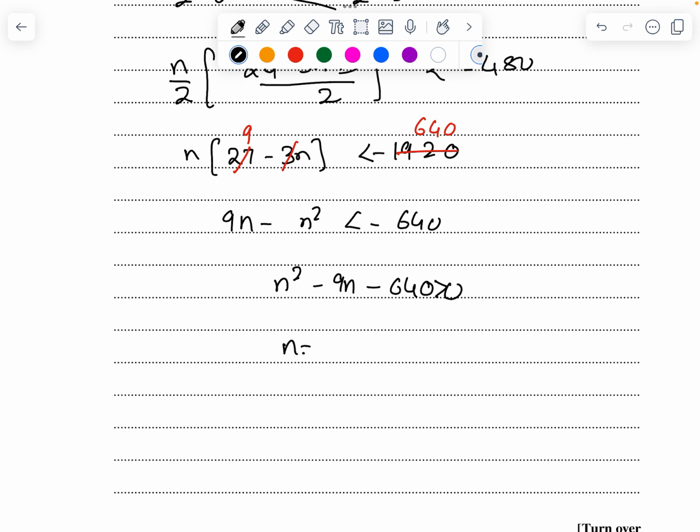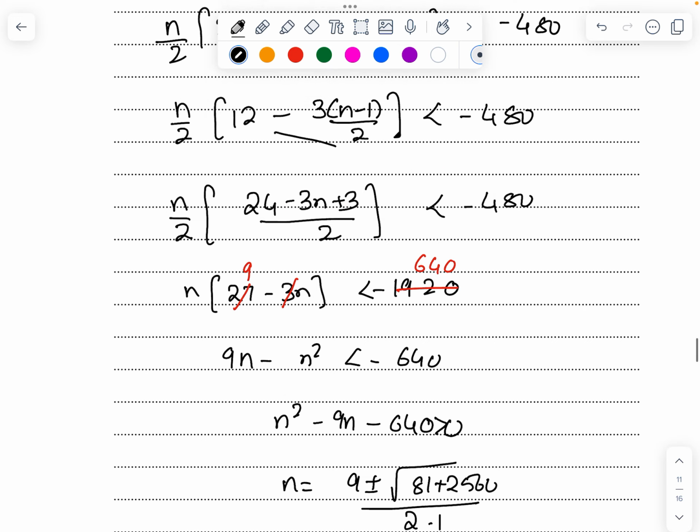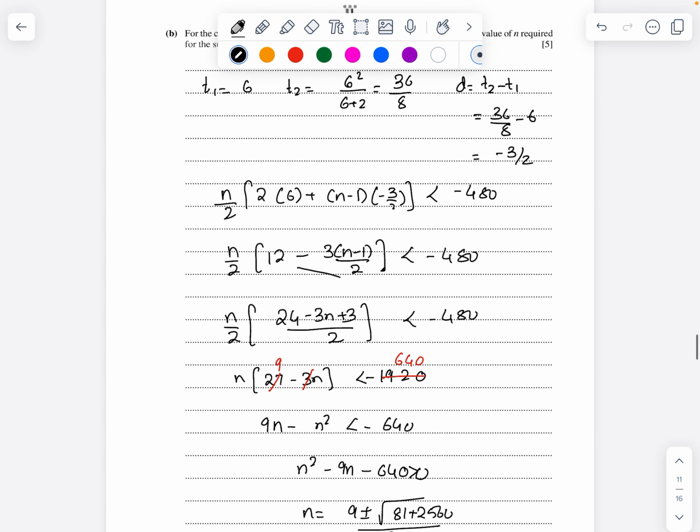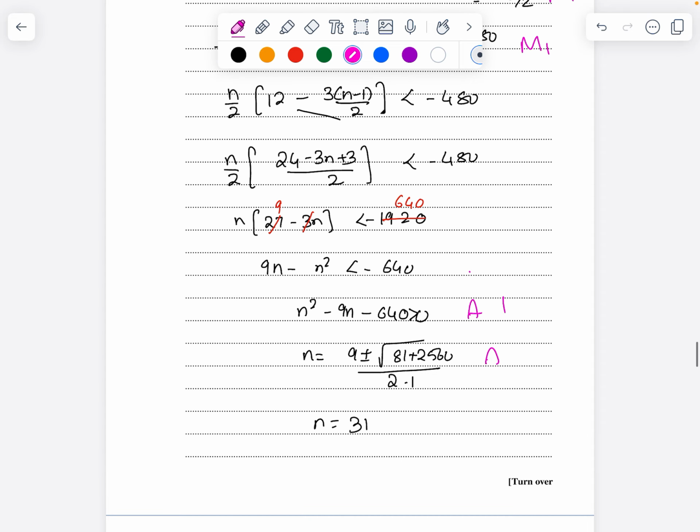So n equals minus b plus or minus square root of b square minus 4ac upon 2a. So n equals 31. That's going to be the answer. So to get the mark, use this formula, another method mark, accuracy mark to get the formula, quadratic, another accuracy mark, and another accuracy mark.